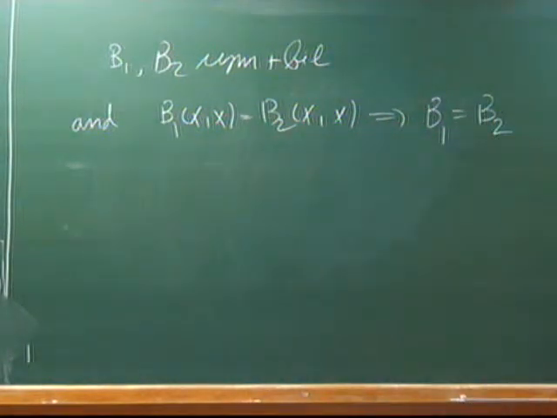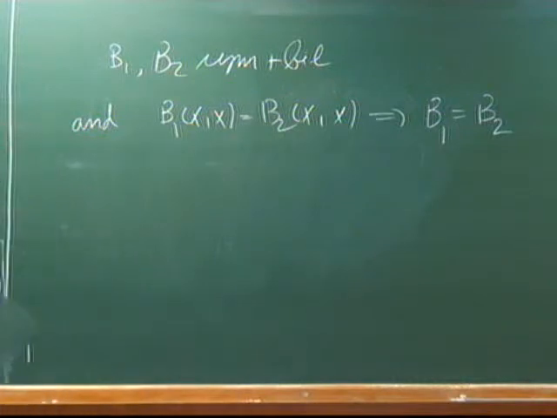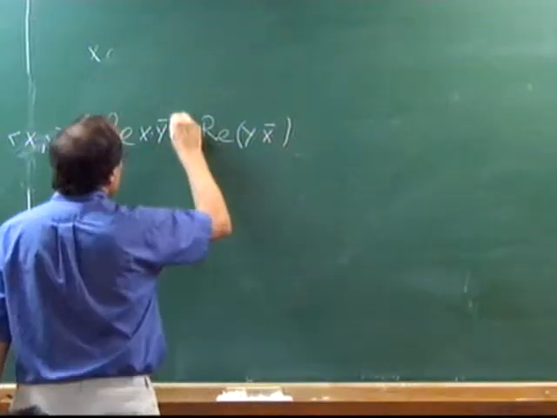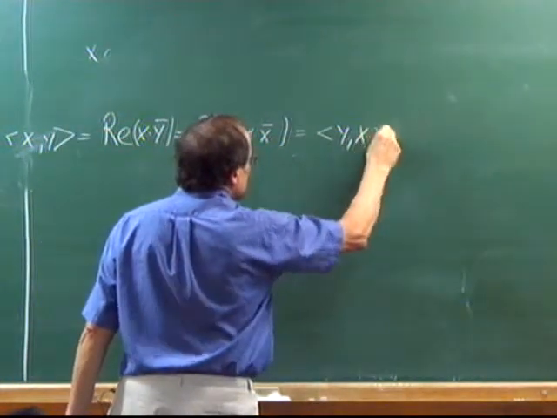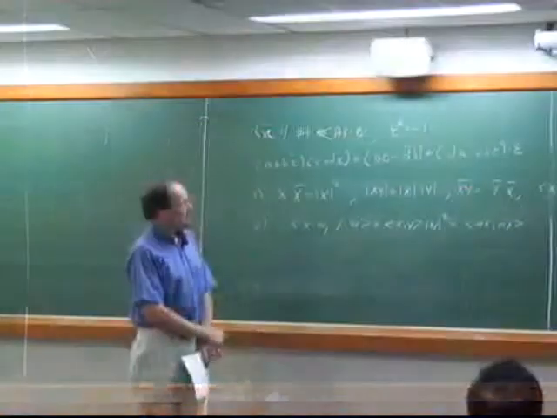That's the usual symmetrization procedure if I take a bilinear form. So as long as it's symmetric, I just check along the diagonal. Right? So now you observe that both the left and the right are bilinear and symmetric. It's the same thing as the real part of y x bar. So both left and right are symmetric bilinear, and along the diagonal they agree, and therefore they agree everywhere.